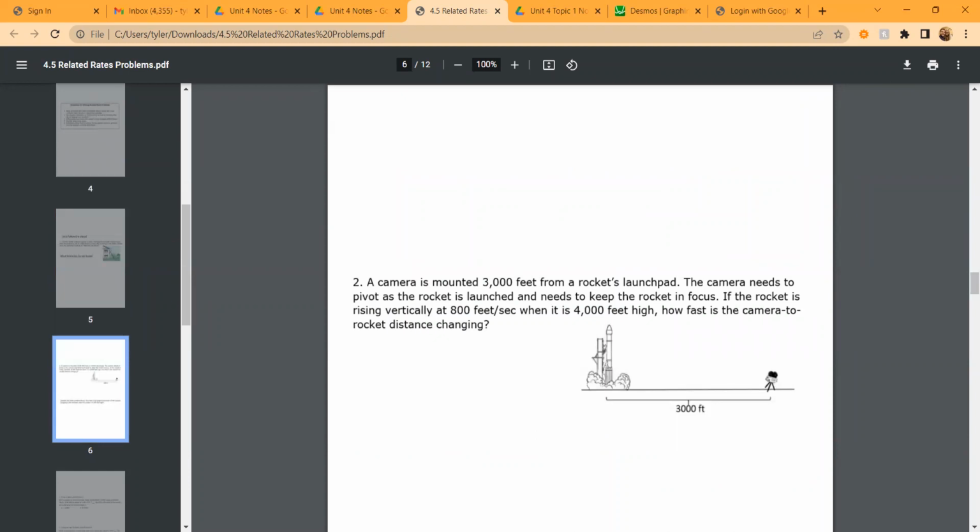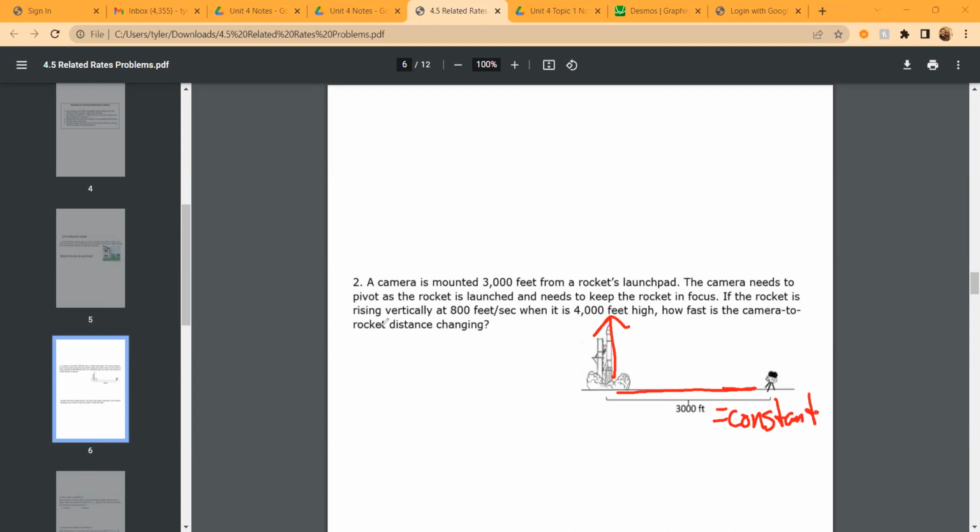So here, read the problem, take a second, see if you can set up an equation. Okay, so here we know essentially the mount is 3,000 feet from the launch pad, and as this rocket's going up, this distance is not changing. It's still going to be 3,000 feet, so that's kind of our constant, right? And again, it's not explicitly telling us, but you need to say, all right, is that changing?